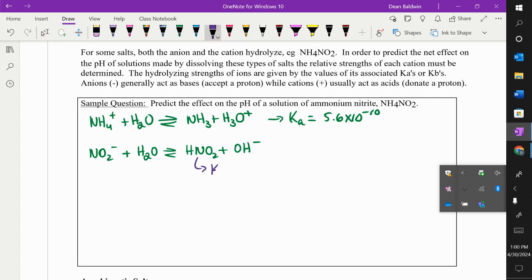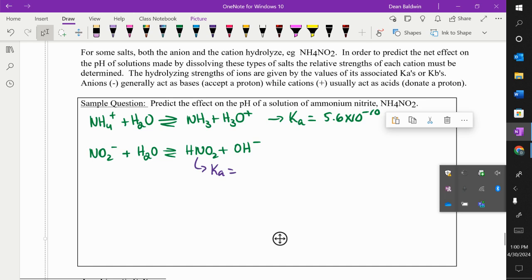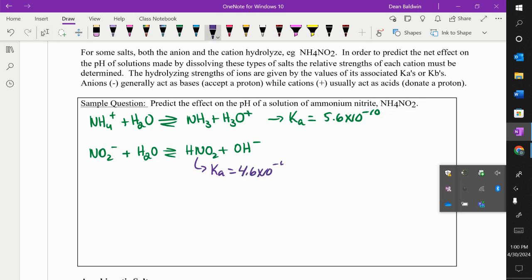So this has a Ka of 4.6 times 10 to the minus 4. So the Kb of this reaction is going to be Kw over Ka.